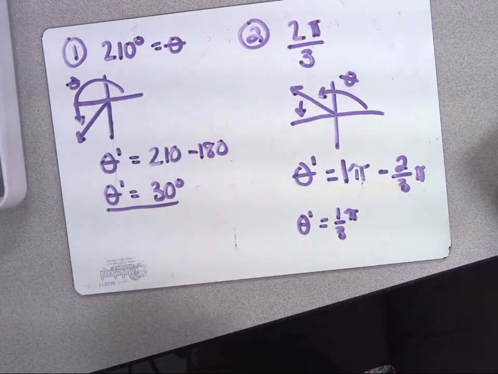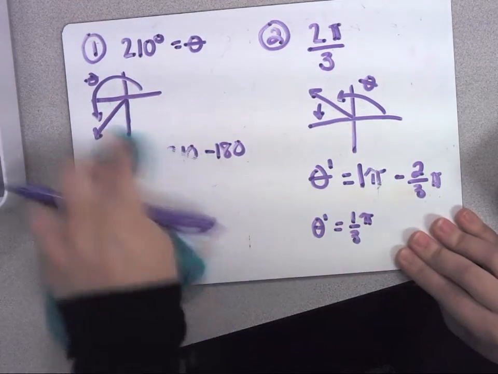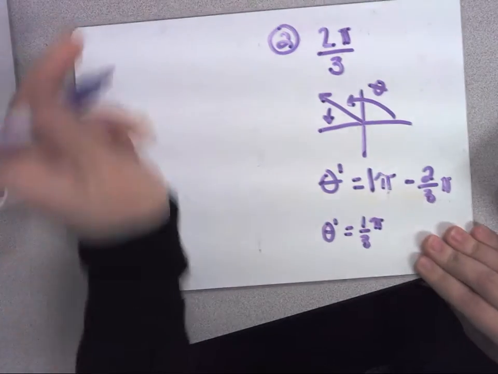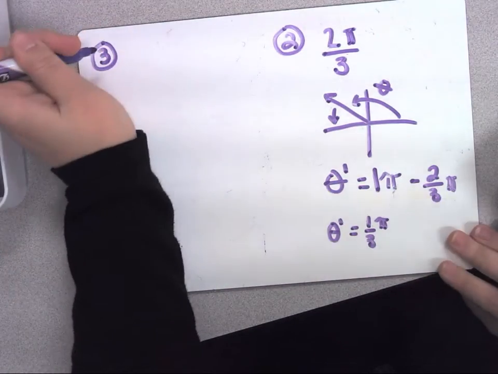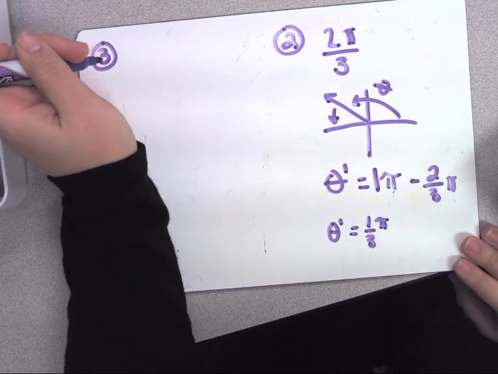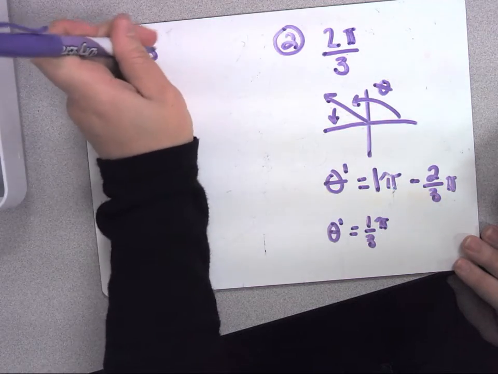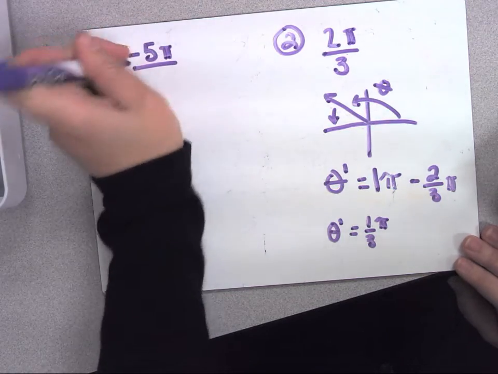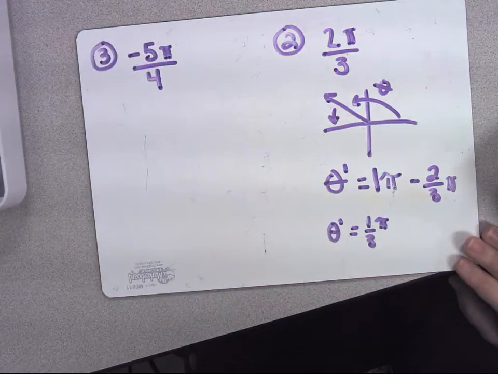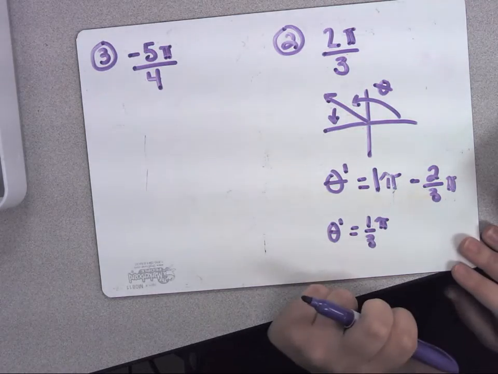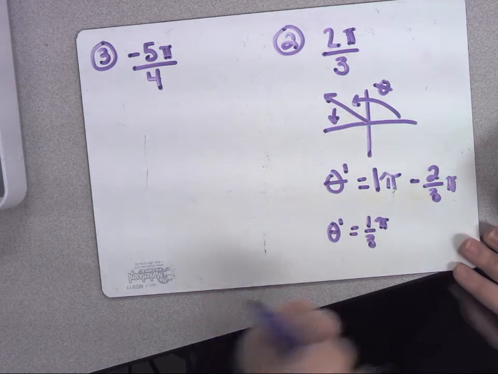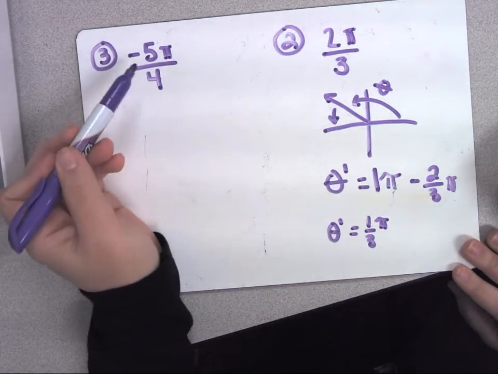Okay, I'm going to give you a negative one now because that's one you have to think about. I'll just erase this one. You have to do it in radians. Next one, negative 5 pi over 4. Now, this is not your reference angle because it's negative.